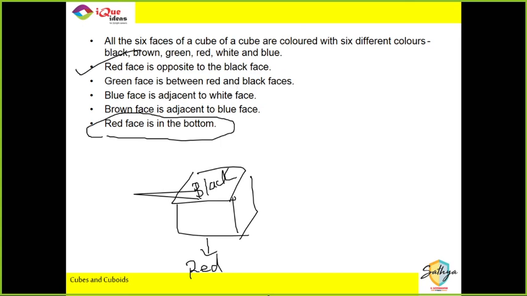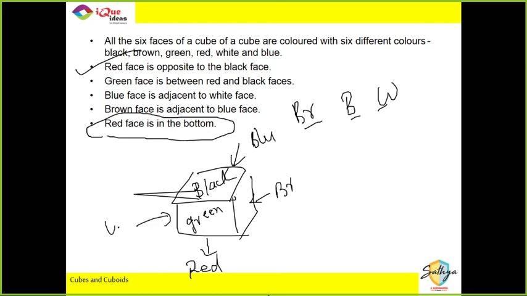And green is between red and black. So I can put green between red and black. Any one of the 4 is okay. All the 4 are in between. So green is between red and black. Now it says blue is adjacent to white and brown is adjacent to blue. So brown, blue, white can be fit like I can put brown, I can put blue, and I can put white.